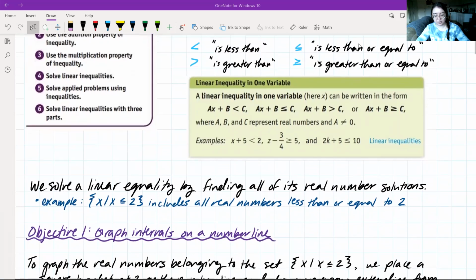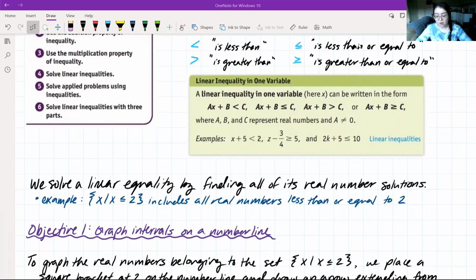So we solve linear inequalities by finding all of its real numbered solutions. For an example, with our set builder notation here, we have all numbers x, where x is less than or equal to 2. And this includes all real numbers that are less than or equal to 2. So really the numbers that we're thinking of is any number less than 2 or 2 itself.